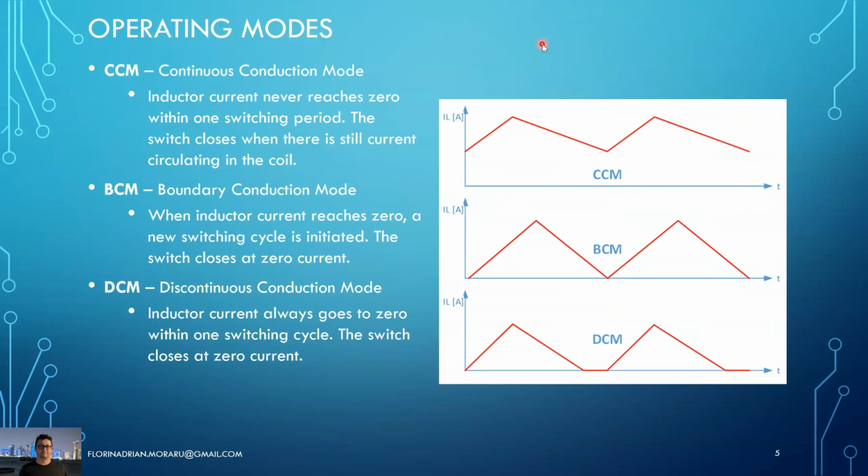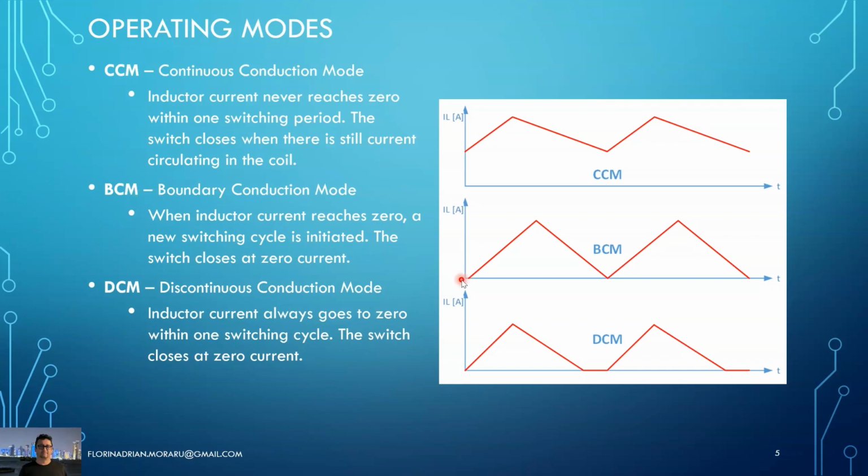Okay, operating modes. We have what is called continuous conduction mode. In this case, the inductor current waveform never reaches zero within one switching period. Then we have a particular case which is called boundary conduction mode.